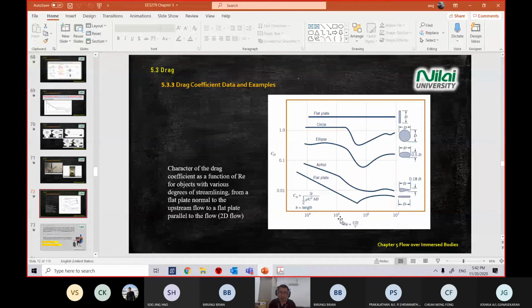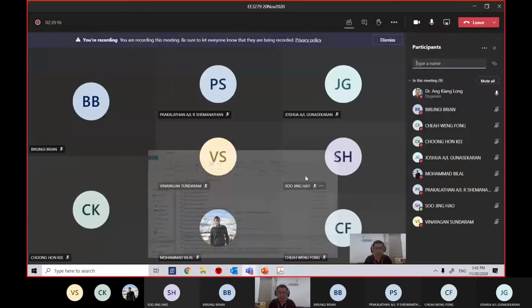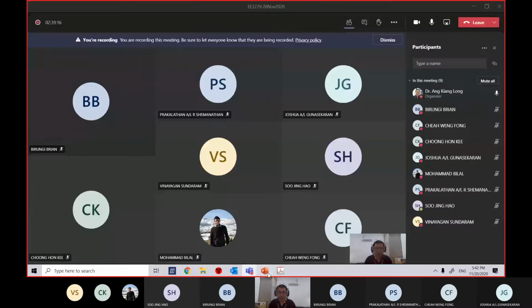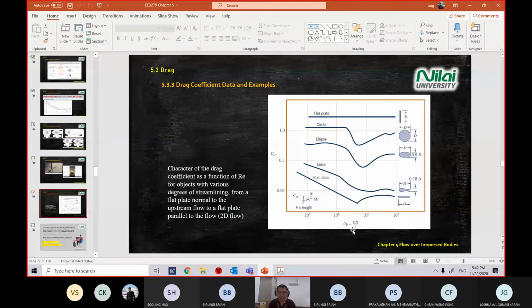But anyway, all these values can refer to the respective table. For example, in this case, you refer to 1.8 to find your Reynolds number according to the different medium here. Okay. Yeah. If you mention density, yes, density is affected by the kinematic viscosity.